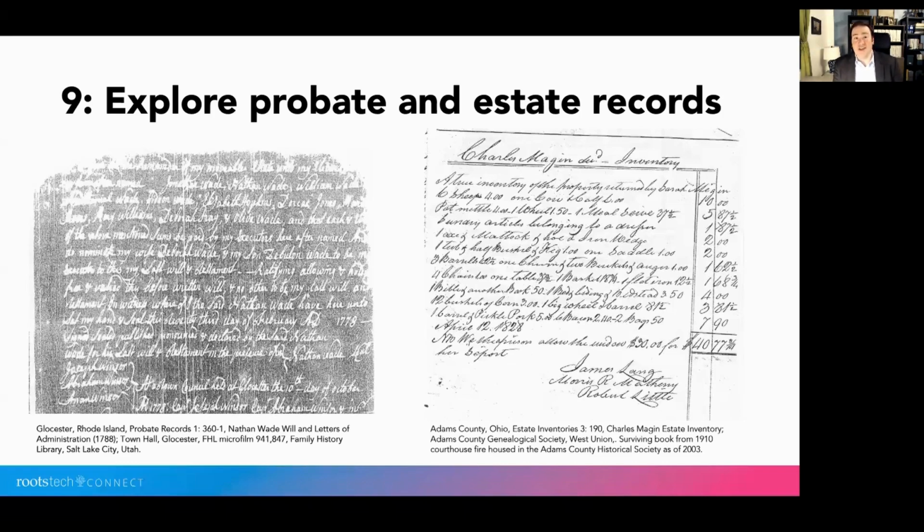The catch here is that the county that Charles Megan died in had a courthouse fire in 1910 that destroyed the majority of the early probate records. So this is the only surviving page from his estate document. It doesn't give a date of death. In fact, the only relative that it mentions is that a true inventory of the property was returned by Sarah Megan. Now, I know through other research that he had a wife named Sarah.